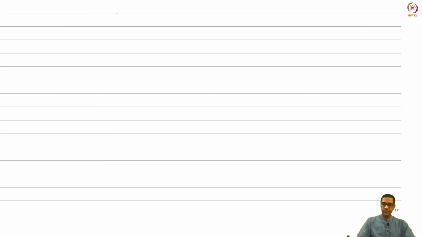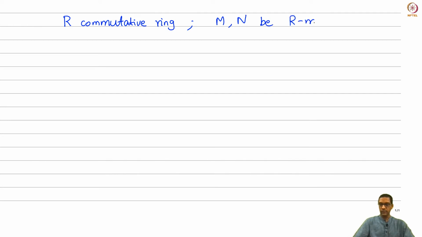Let's consider the special case of tensor products of modules over commutative rings. So I'm going to assume now that R is a commutative ring and let M and N be modules over R. Recall this important thing we talked about before when we talked about bimodules.